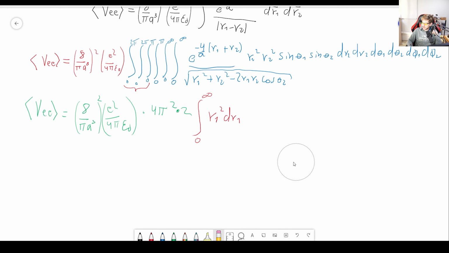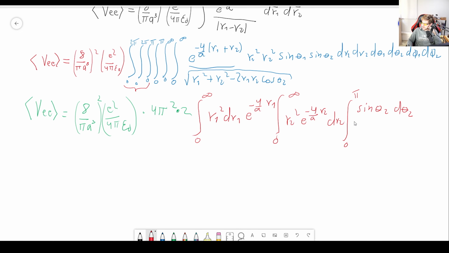So e to the minus 4 over a r1, integral from 0 to infinity of r2 squared e to the minus 4 over a r2 dr2. And now comes the integral from 0 to pi of sine of theta 2 d theta 2 divided by the square root of r1 squared plus r2 squared minus 2 r1 r2 cosine of theta 2.